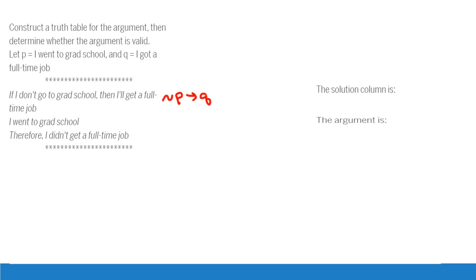If I don't go to grad school, then I'll get a full-time job is written as if not P, then Q. I went to grad school is written as P, and therefore I didn't get a full-time job is written as therefore not Q. Now to put that together as one statement, we have to say the first premise and the second premise will lead to our conclusion. So if we have the first premise and the second premise, then we have our conclusion.